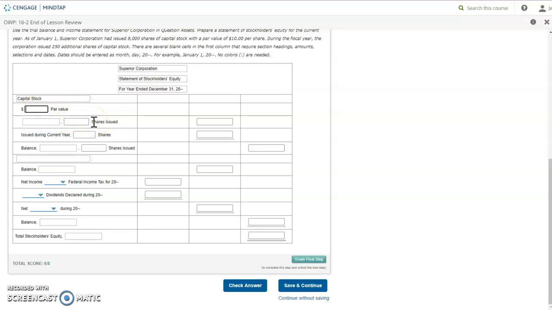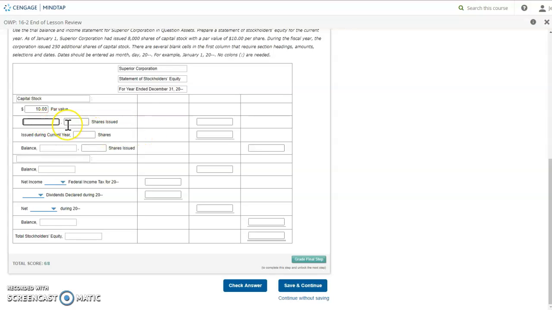Now, they've made it easier for us by giving us some of the terms in here, so we just need to fill in some other blanks. When we look in our directions, it does tell us that our par value is $10. Next thing that we're going to do is list our beginning balance of our capital stock.